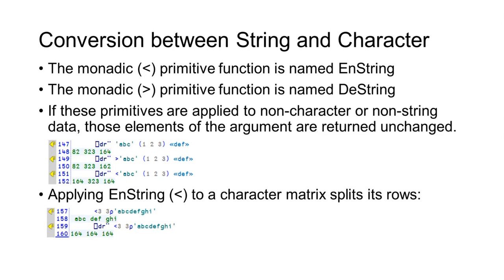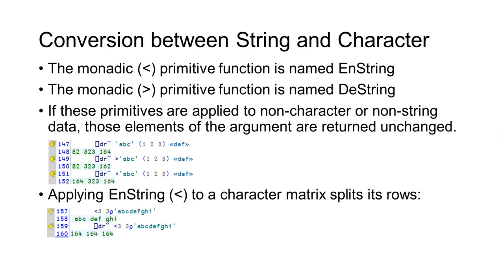On the other hand, if you apply the nstring to those same 3 elements, the first element, the quote ABC, gets changed to a string, from an 82 to a 164 type. The numeric types just pass through, and the string is already a string, so we don't do anything to it.